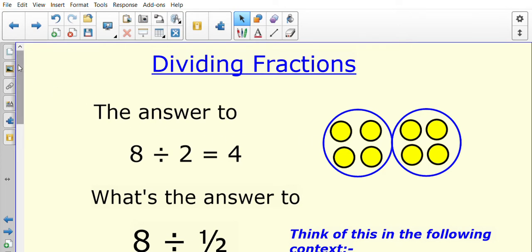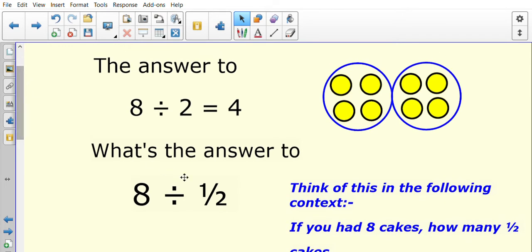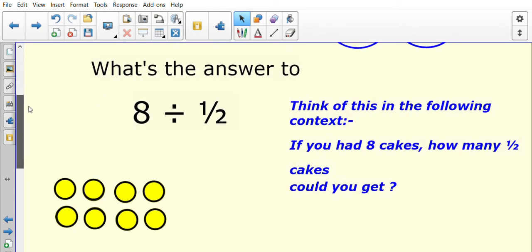Now, if we think about the next question, 8 divided by a half. Okay, so what we're trying to think of here is how many halves are in 8. And if you would like to think about it in a context, if you've got 8 cakes, how many half cakes would you have?